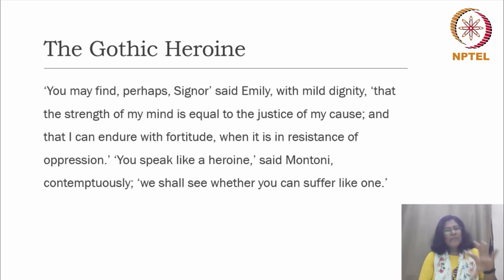So Emily's words are particularly interesting because she talks about fortitude, courage. She talks about resistance. She makes a reference to oppression. She talks about justice, and she says that if I'm being treated unjustly, I'll rise to the occasion and I'll face the situation courageously, with fortitude.